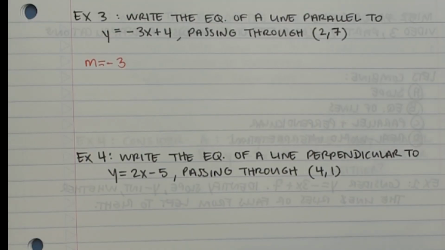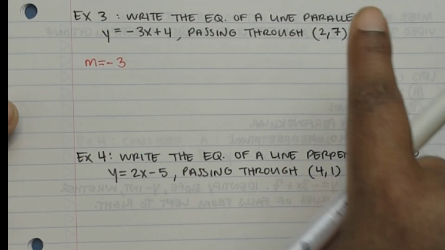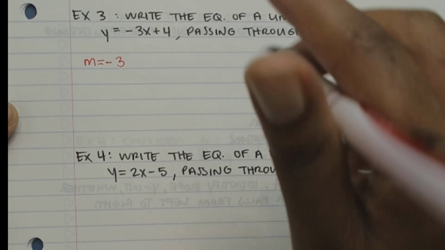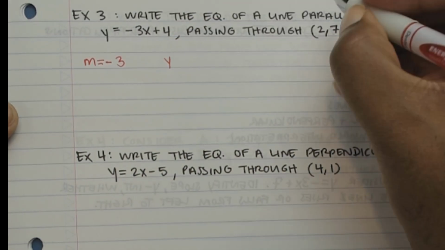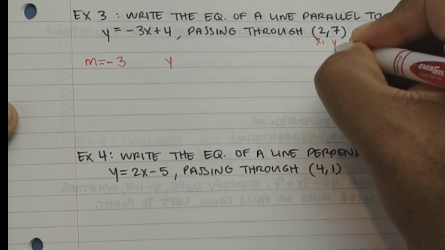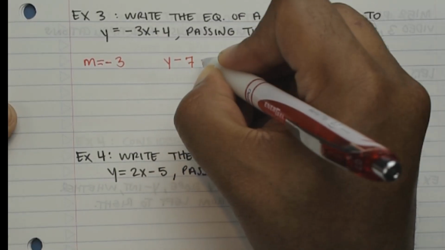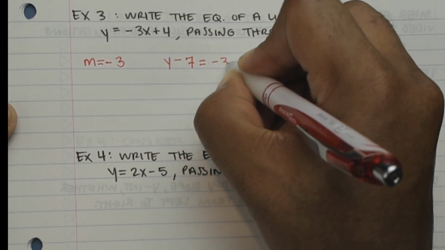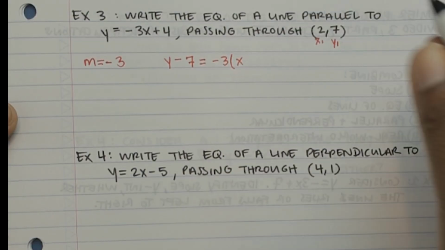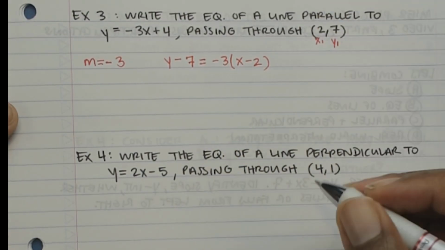And now we're going to use point slope form because we do have one point and that's all we need. So we have y minus 7 equals negative 3, parentheses x minus 2.